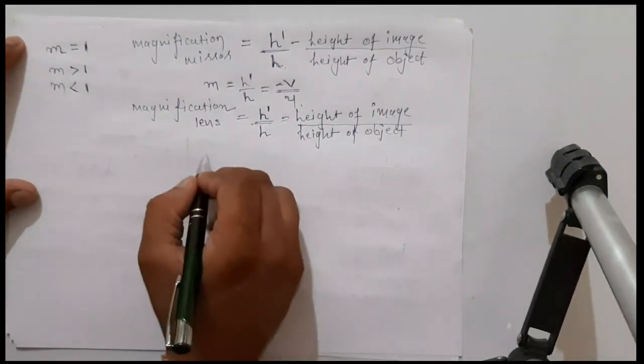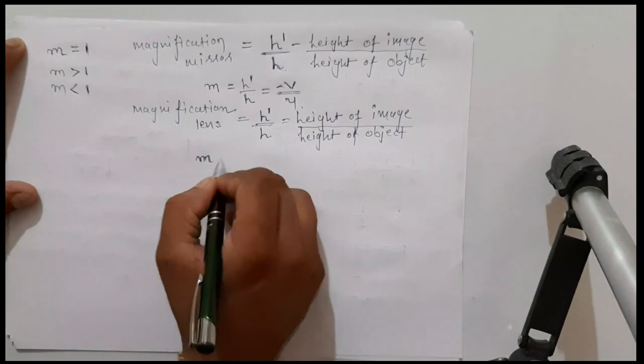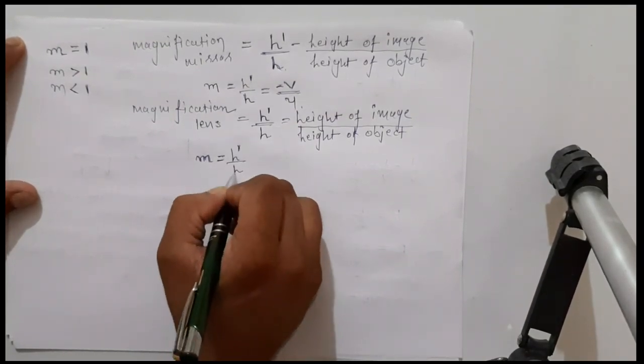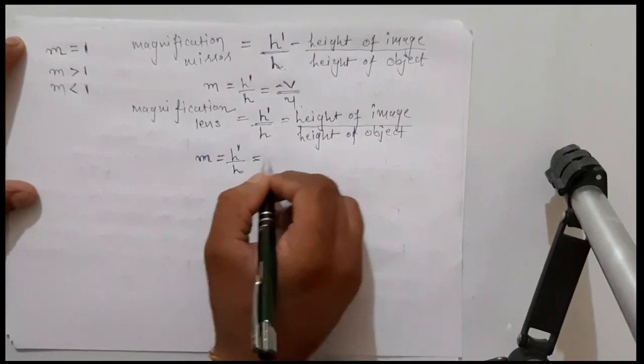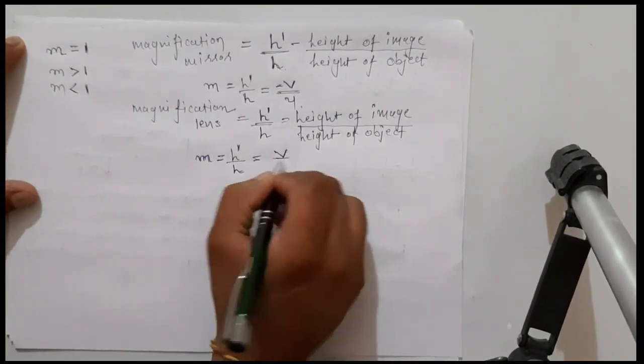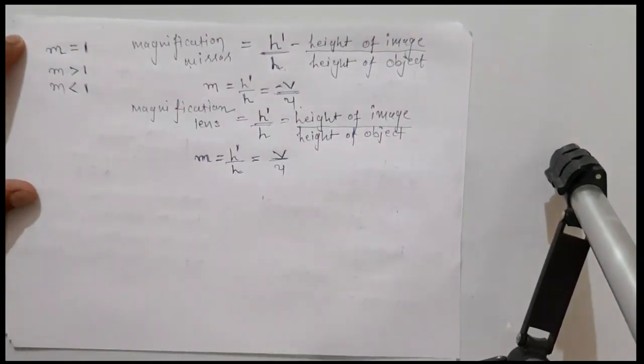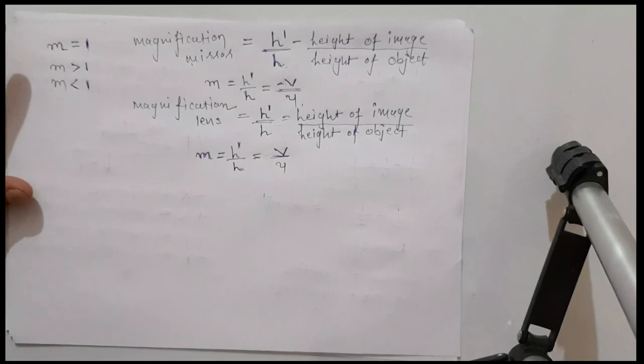And if we consider magnification with image distance and object distance, we will get v by u. Again, for a mirror we get minus v by u, and for a lens we get v by u.